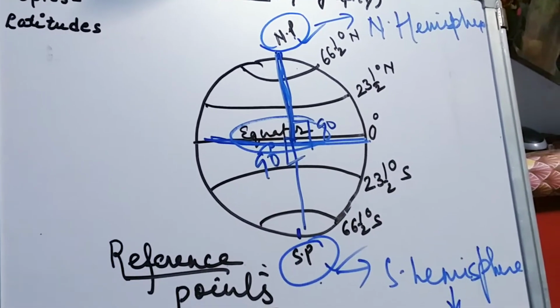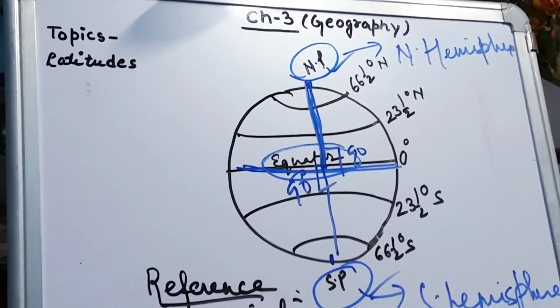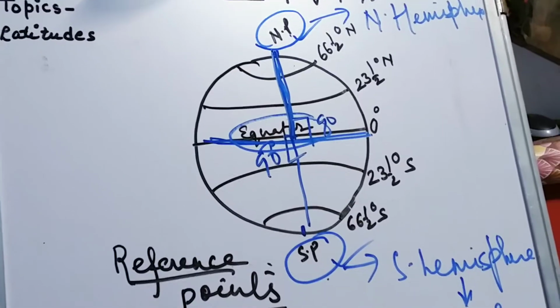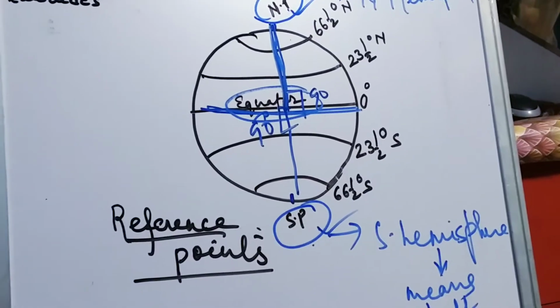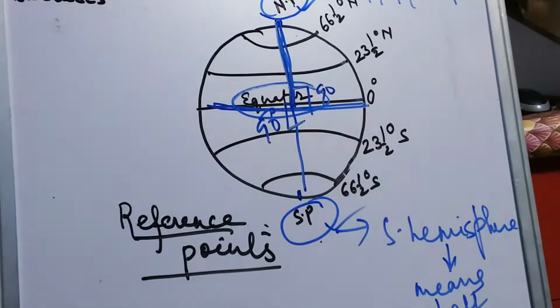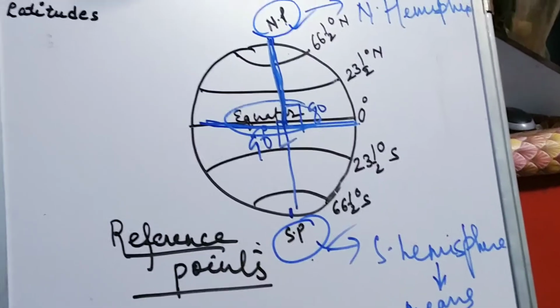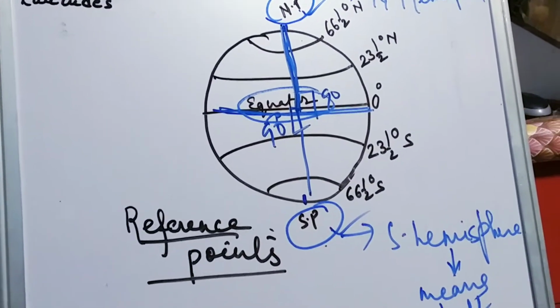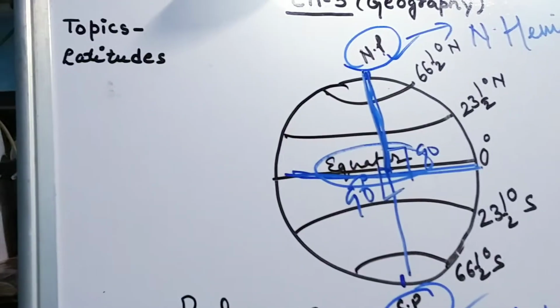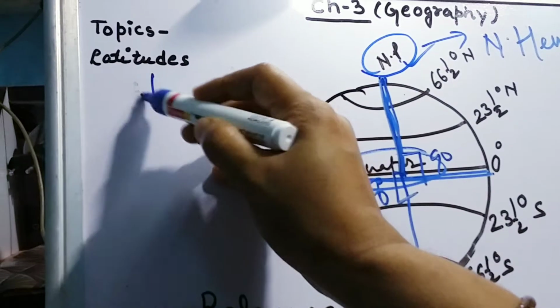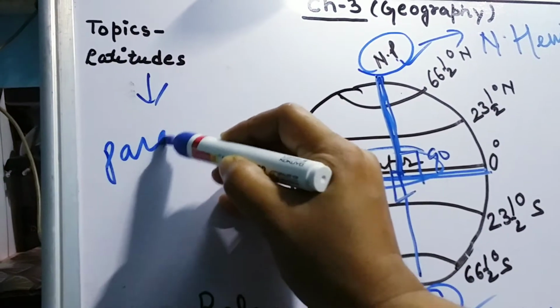So today this is the introduction part. Now we are going to study the latitudinal lines, and in my next topic we will be doing longitude lines. Now these latitudes are called parallels.